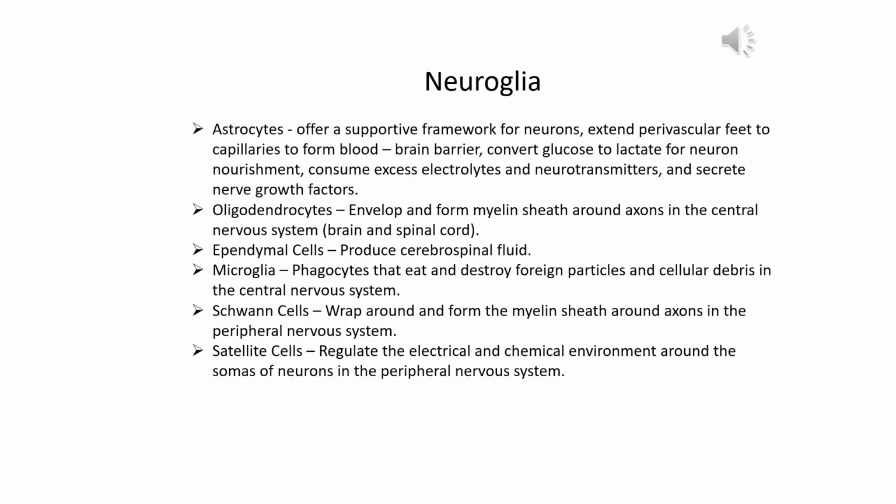Okay, the satellite cells regulate the chemical environment around the neurons in the peripheral nervous system. Not a lot is known about satellite cells other than what is stated here, that they seem to perform some regulatory function that keeps the peripheral nervous system acting right.